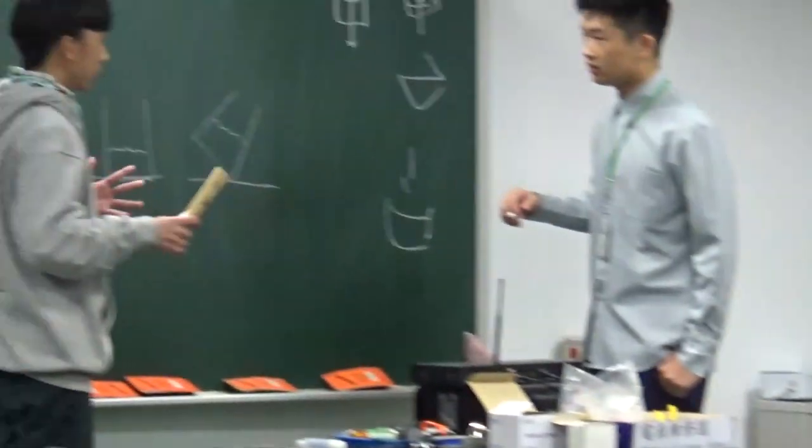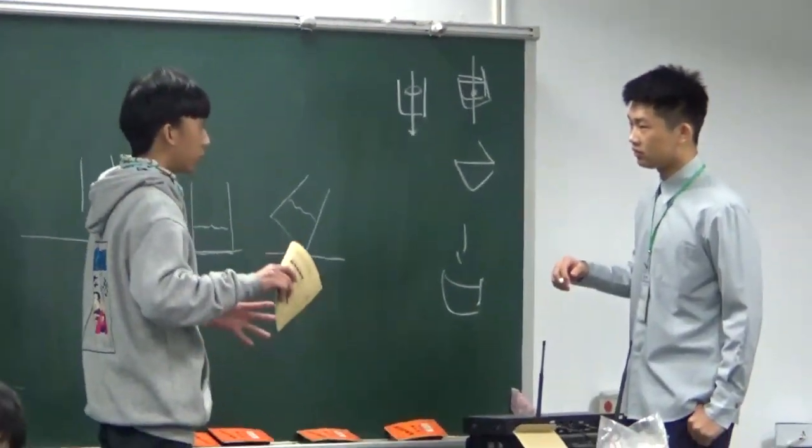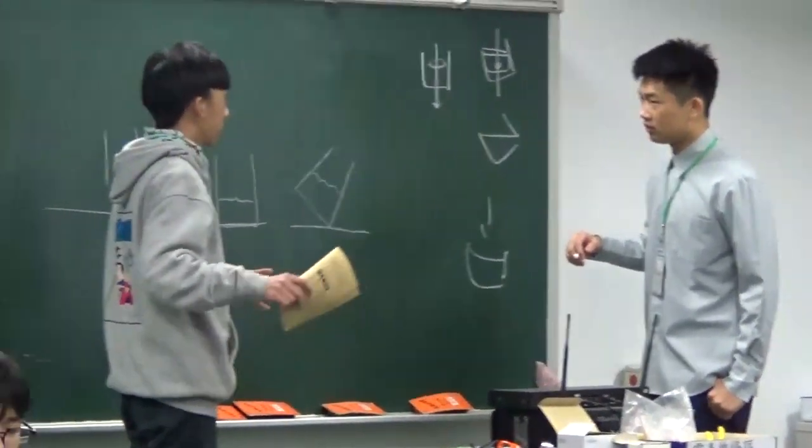You say that according to your theory, if you use 2 liters of water, the speed won't be bigger. Yeah. But there might be some difference when you use little water or huge water.